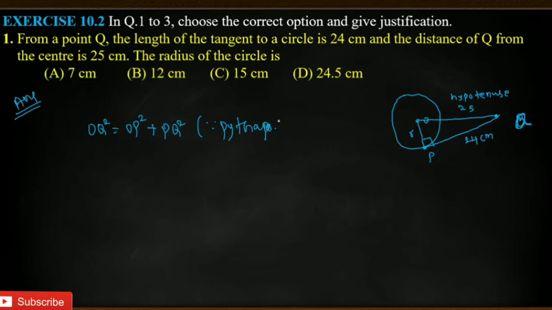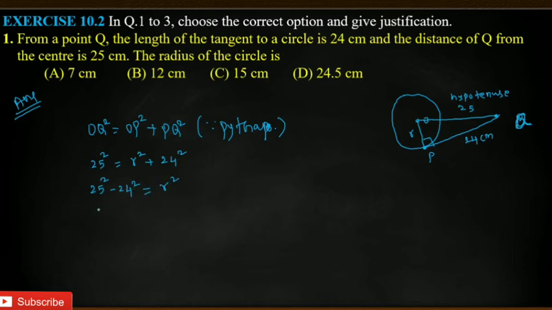By Pythagoras, OQ is 25, so 25 square is equal to OP, that is R, the radius square, plus PQ, which is 24 square. Sending 24 square to the other side, we get R square.